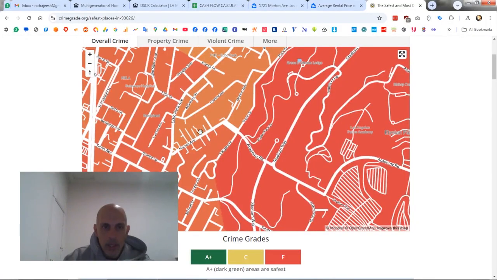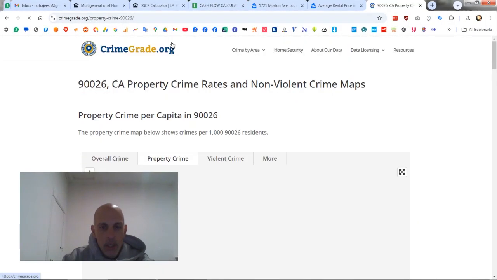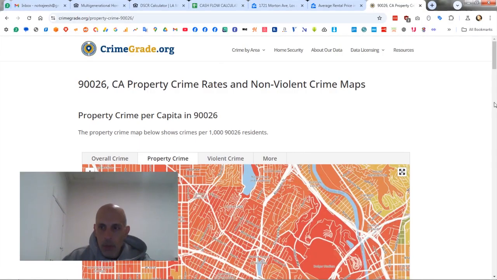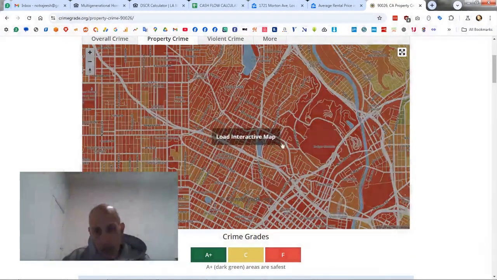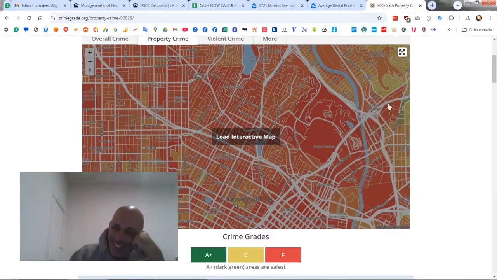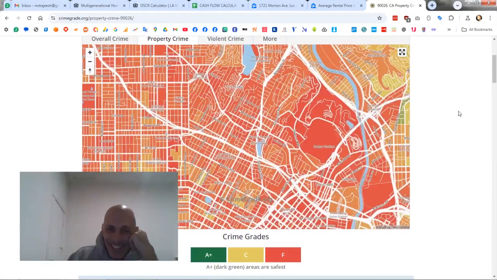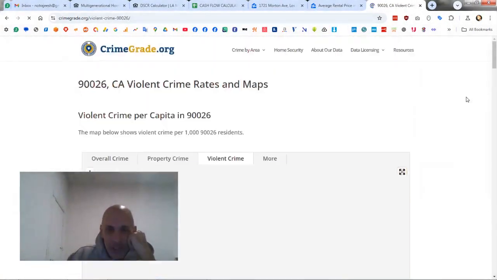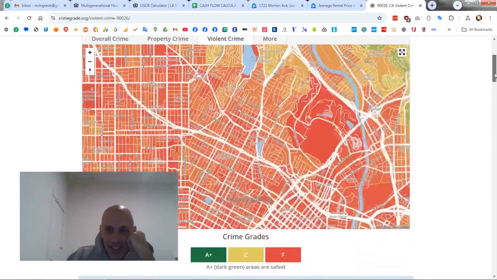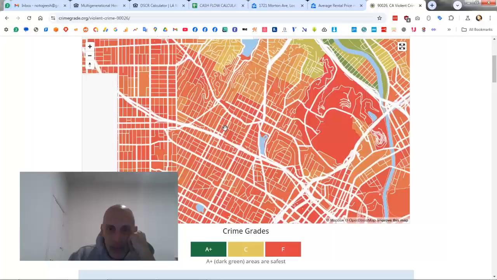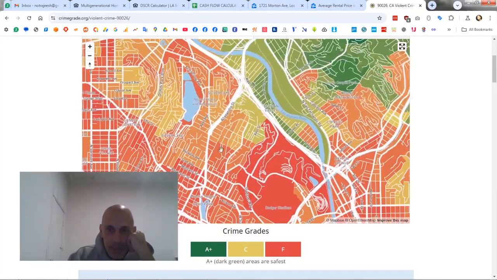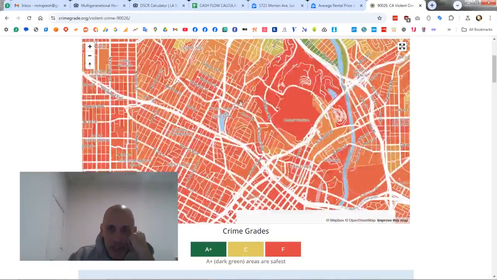This is very bad in crime. Let's see what type of crimes are we dealing with here. Property crime. I mean, this whole area is pretty red. Holy crap. Let's see what violent crime looks like here. Alright, so I changed my mind about wanting to live here. Maybe more here would be safer.